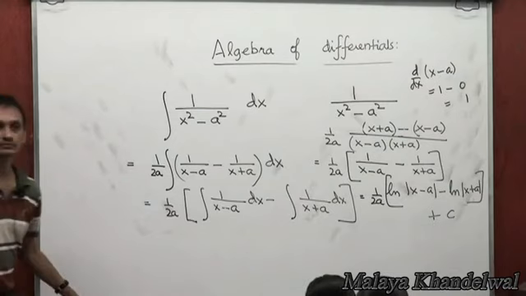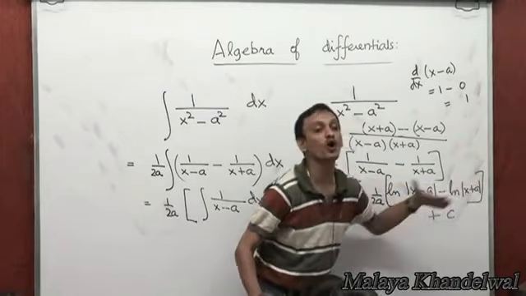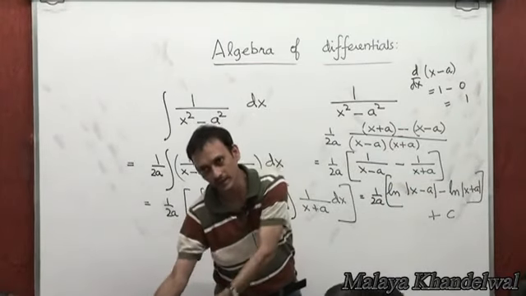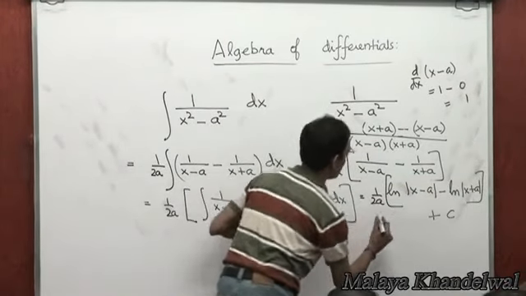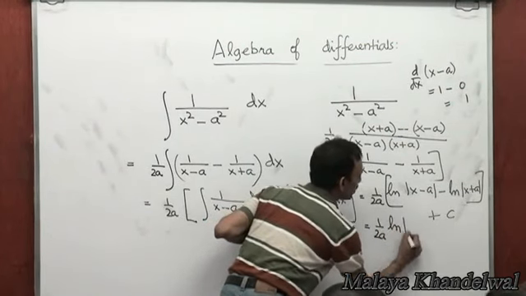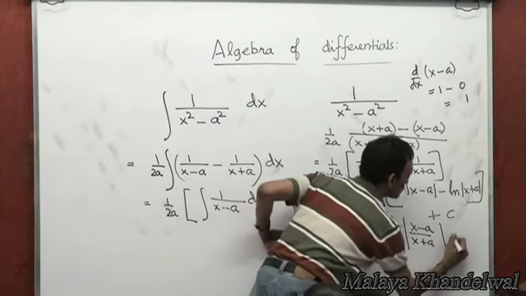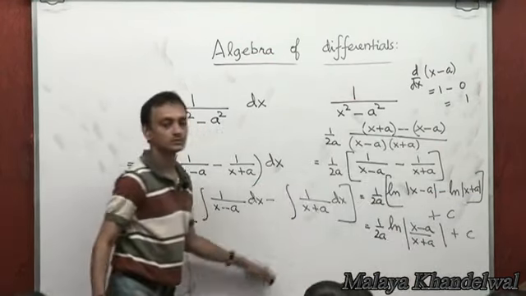So far so good? And then log a minus log b is what? Log a by b. Log a minus log b is log a by b. And that causes this to become 1 by 2a log mod x minus a by x plus a plus c.